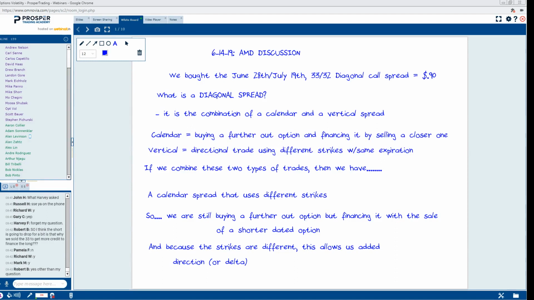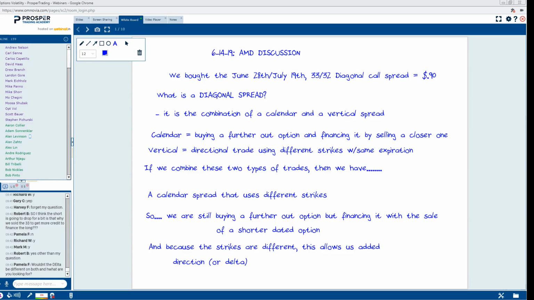Robert, we're going to get to that as soon as I go to the board, because it'll be much better explained when we actually go back to the board in the option montage, and I can show you about expected move and all of that. Yes, the delta is different, Pamela, exactly. That's the reason we're doing this.